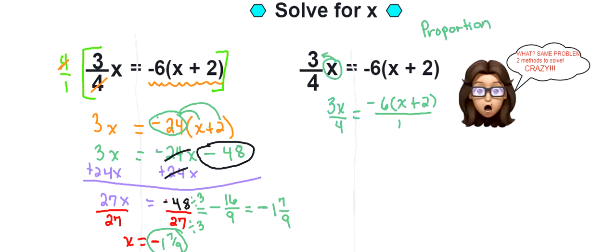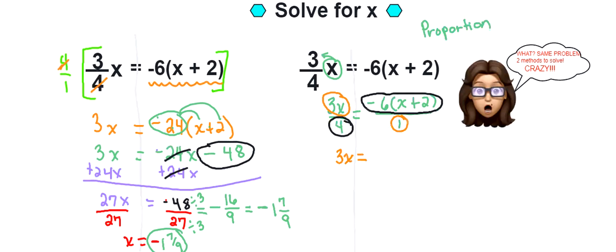And how do we solve the proportion? We cross multiply. So I've got 3x times 1, which is 3x. Then I have, bring down your equal sign. Now I got to cross multiply the other way. 4 times -6 times the quantity x plus 2.